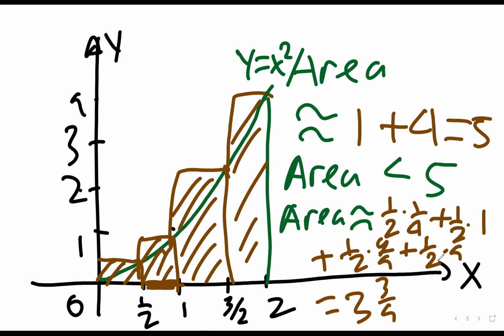About 3.75, right? So you'll see that the approximation is getting more accurate, in the sense that previously the approximation was 5, but now the approximation is 3.75.